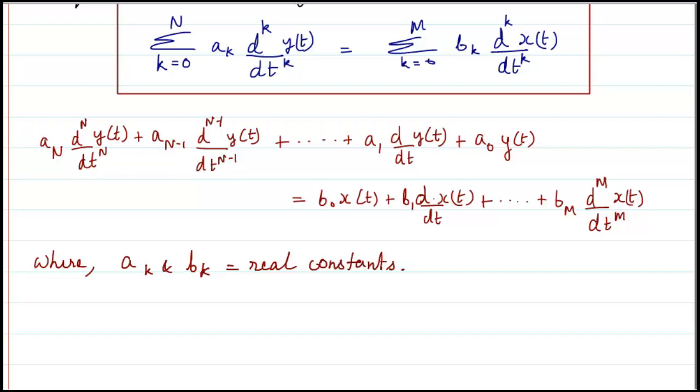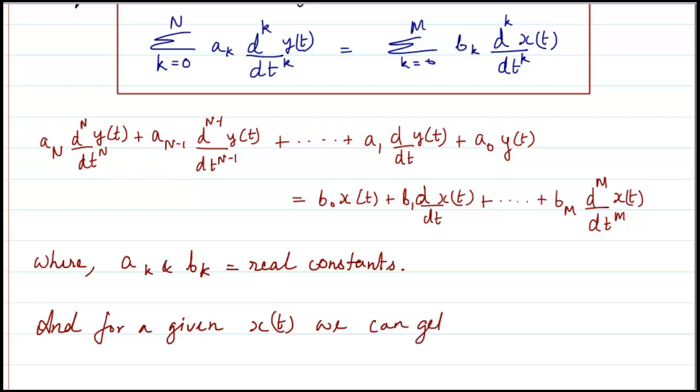They are real constants, and we can solve this differential equation to get the value of y of t for a given x of t. So for a given x of t, we can get the solution.